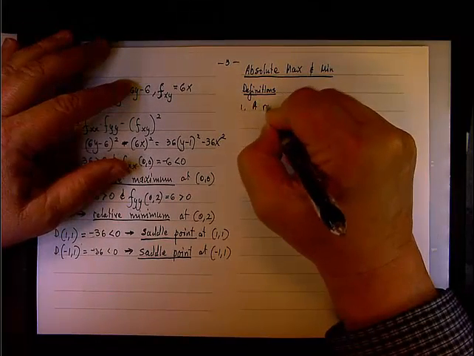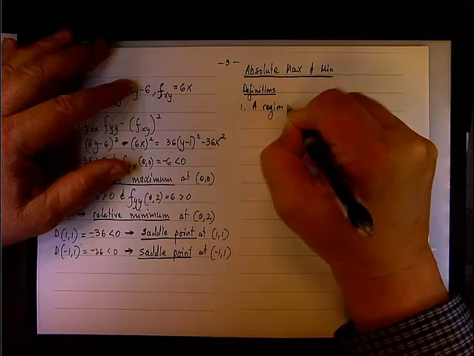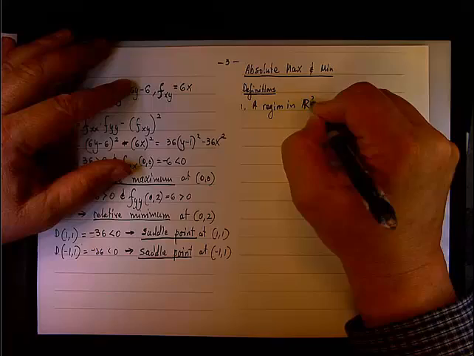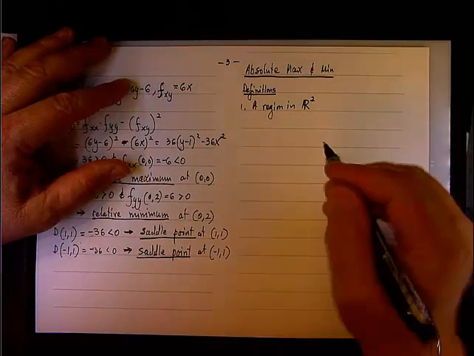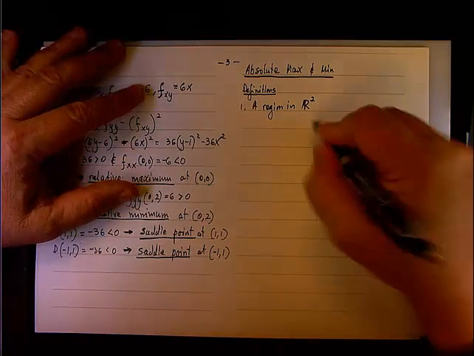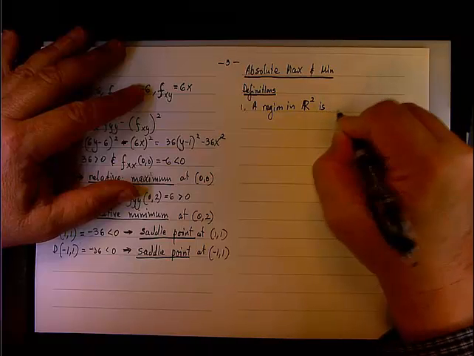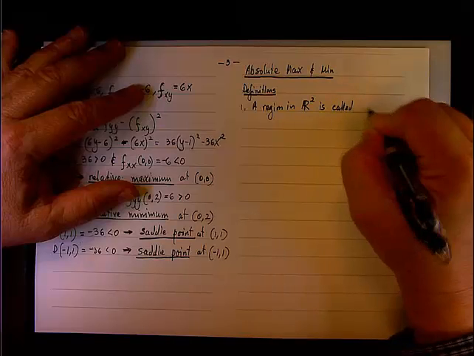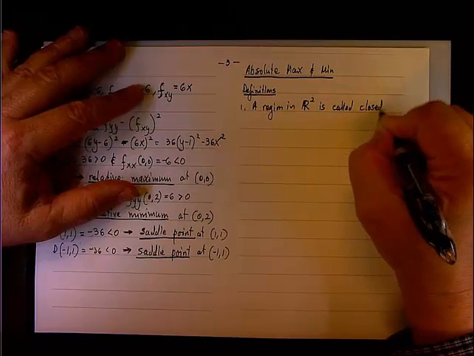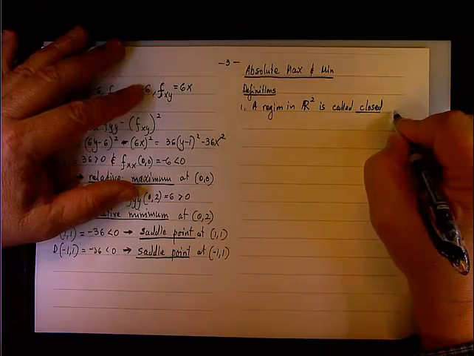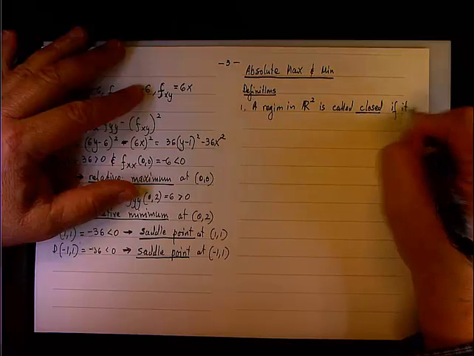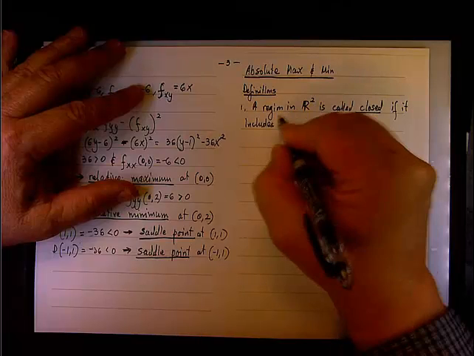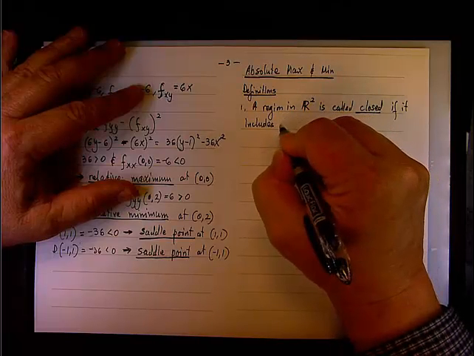You're going to say that a region, and I'm going to talk about a region in R2, in an X and Y plane, is called closed if it includes its boundary.